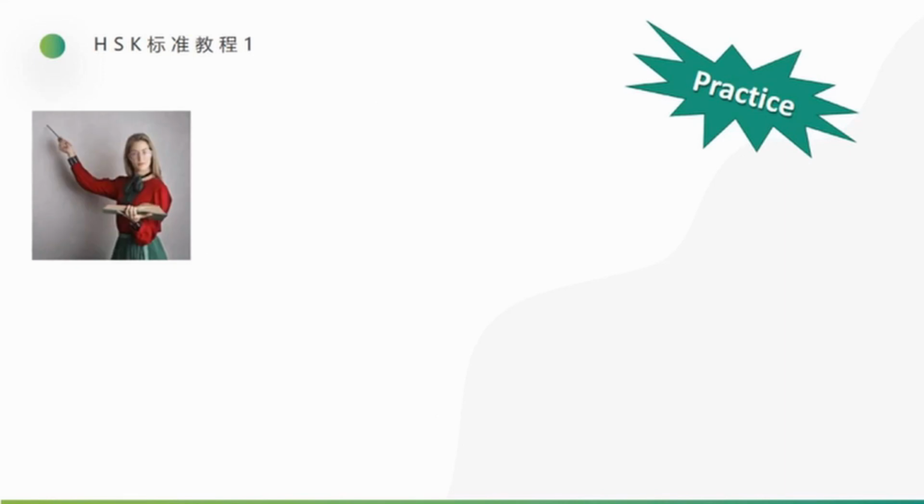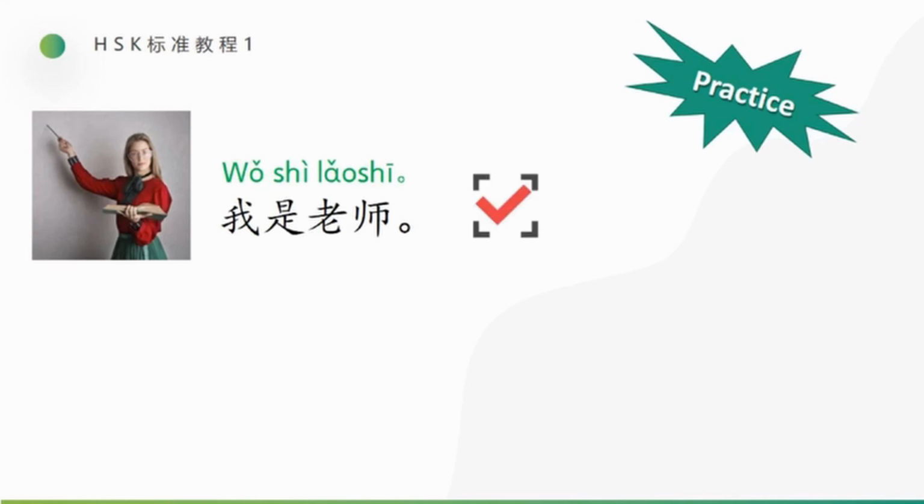In this practice, I will show you a picture and a sentence. Please judge if this sentence is describing the picture correctly. Like the first picture, 我是老师. This sentence is right. You can tell me 对 or 错, it's true or false.